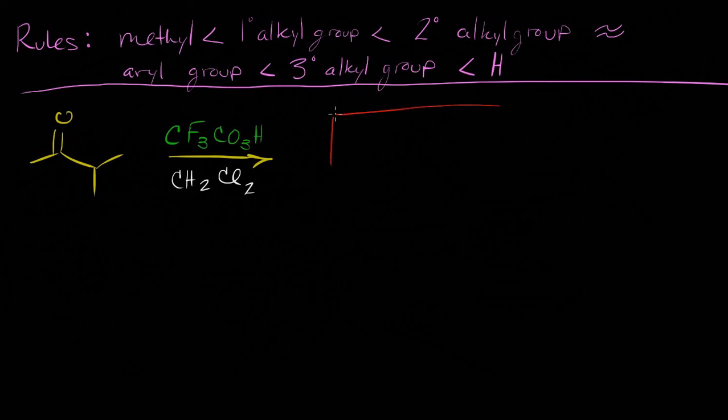Well, noticing what we have on the left, we have some methyl group. So this is our methyl group, and then over on the right we have a secondary alkyl group. And so we know that secondary alkyl groups beat our methyl groups, and so we expect the migration to occur like this.